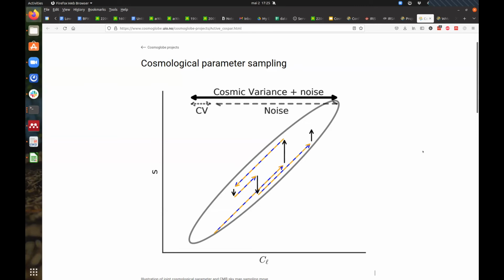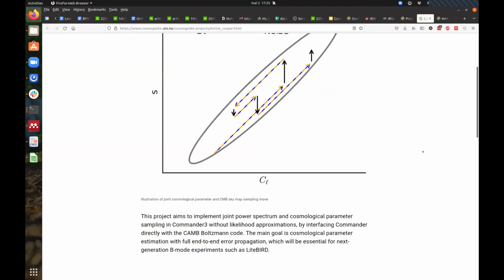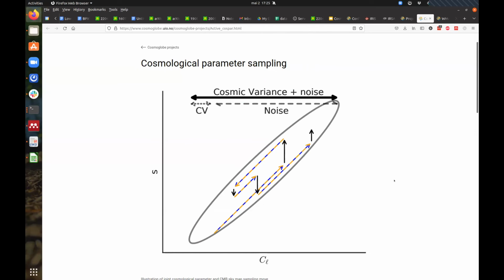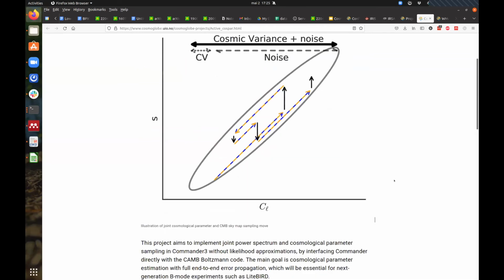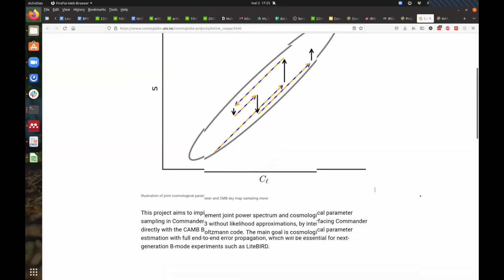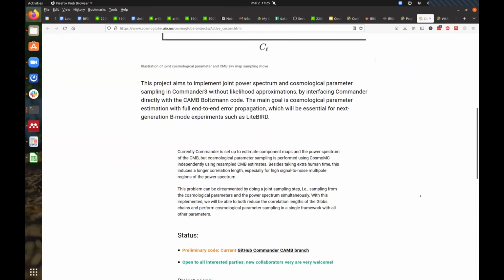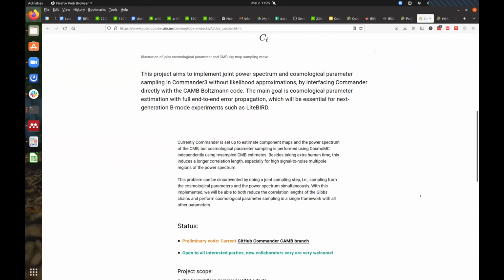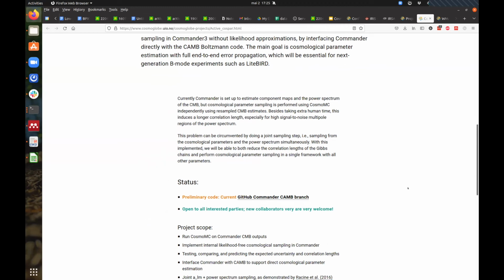And what we'd like to do is implement joint parameter and power spectrum sampling within the Commander framework so that we don't have to have an independent analysis. And so part of that involves implementing this joint cosmological parameter Cl sampling. So Johannes has already implemented this, at least the sampler for CAMB and the Cls together, but we actually need to run it and compare it with CosmoMC.